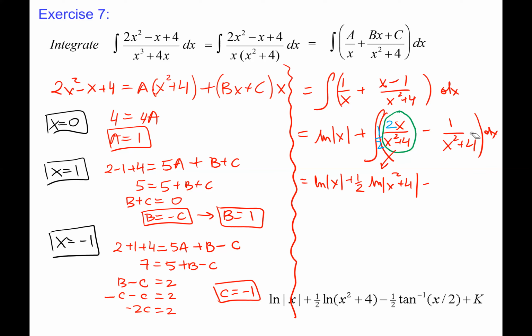Only the 4 will affect the answer this way: half inverse tangent of x over 2, plus the constant k or constant c, doesn't matter. Please note that I did split this fraction into two of them, and then you integrate separately.